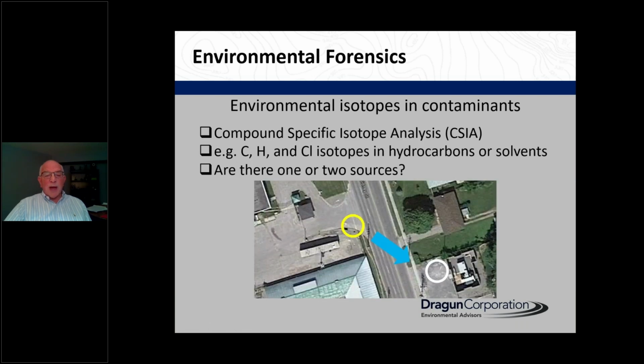We also have compound specific isotope analysis, CSIA, where we look at carbon, hydrogen, and chlorine isotopes in hydrocarbons or solvents. And we can use it for determining whether we have 1 or 2 sources, if the chemistry looks the same. I'm going to talk about this a little bit later.